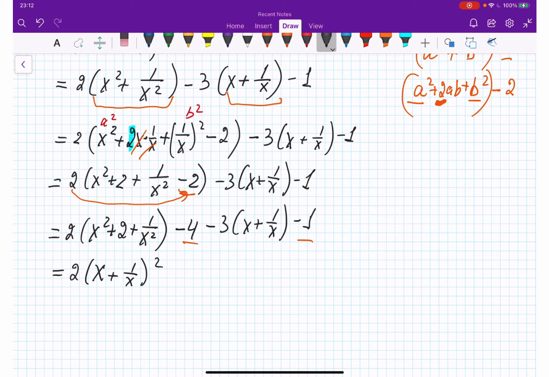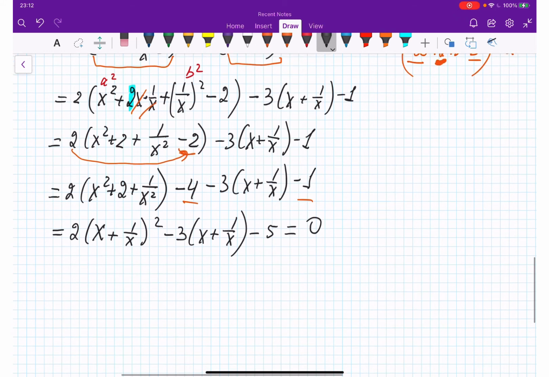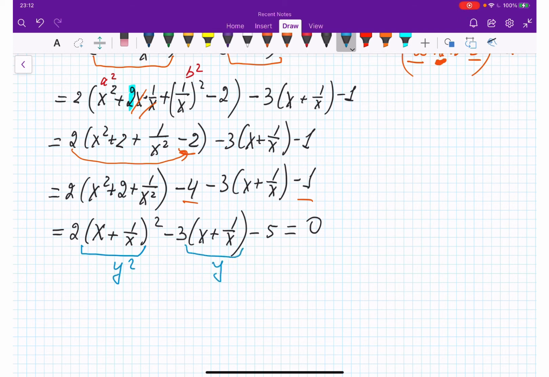And then minus 3 times x plus 1 over x, and negative 4, negative 1 is minus 5. And finally, I can bring this 0 back because I did the simplification. And I have, look here, if I substitute with y, it will be 2y squared minus 3 times y and minus the available term.